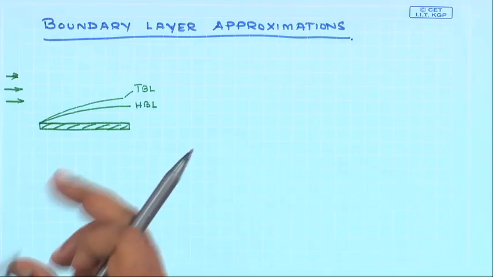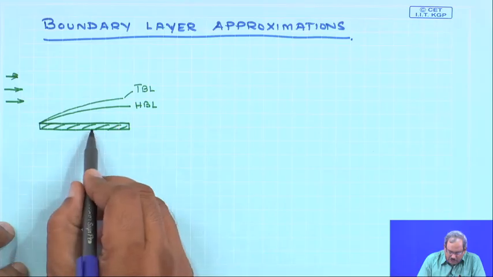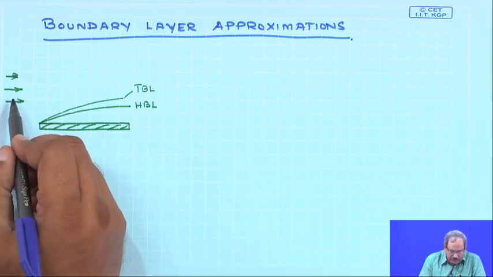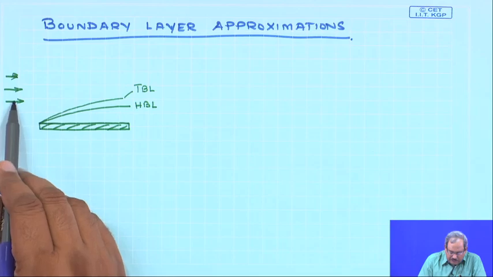So, I start with boundary layer approximation in this class, and I have drawn this substrate which is stationary, but let us say there is a flow of air towards this plate.